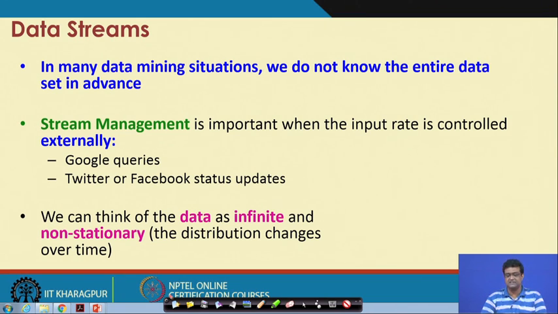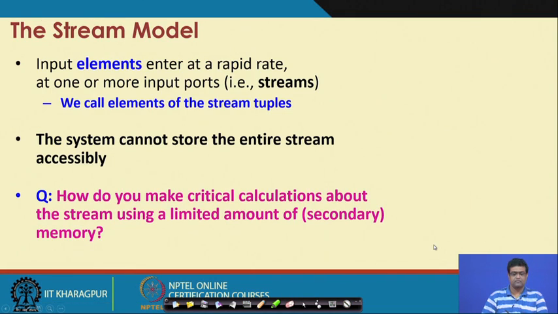Stream management is important when the input rate is controlled externally. Another way of thinking about the same thing is that the data is infinite and also the distribution of the data changes over time. The input elements in a stream typically enter at a very rapid rate.